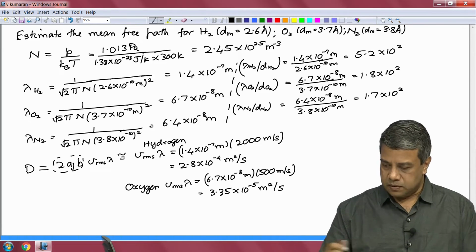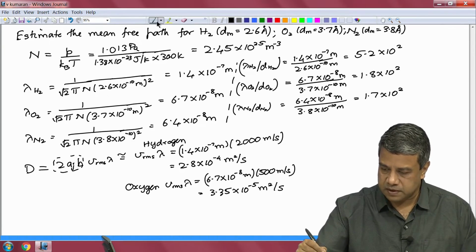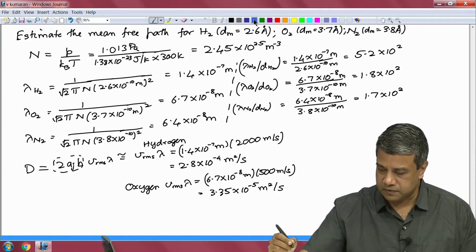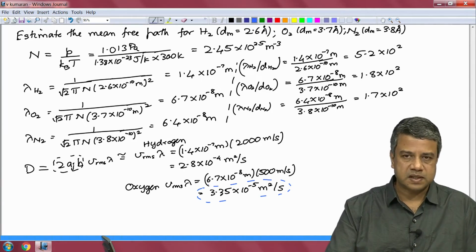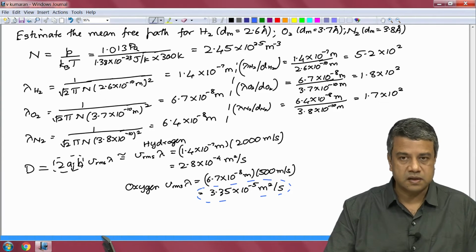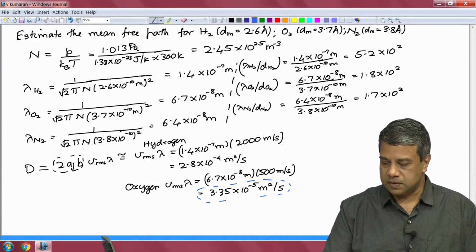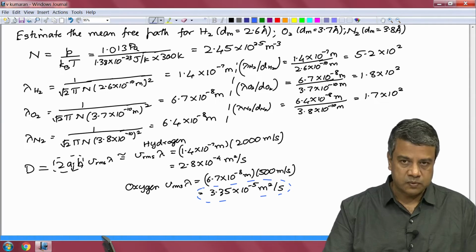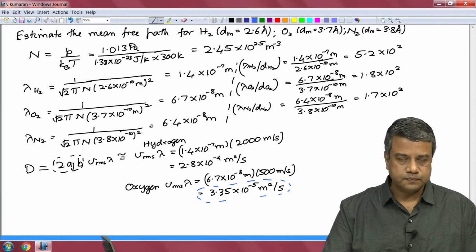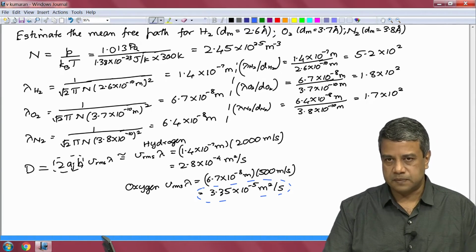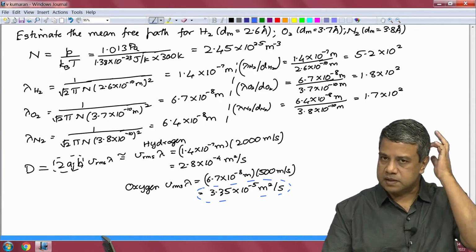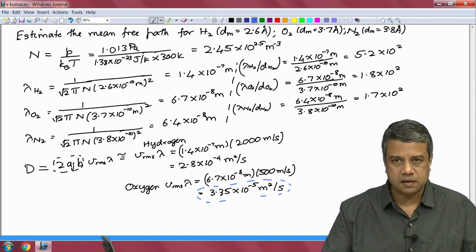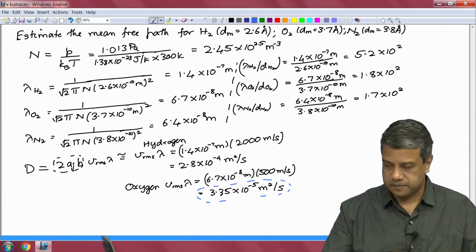So, this is the estimate for the mass diffusion coefficient in gases. It is approximately 10 power minus 5 meters square per second in gases such as nitrogen, oxygen or air. It goes up to 10 power minus 4 in a small molecule gas like hydrogen or helium. So, in all gases these diffusion coefficients will have values that are approximately 10 power minus 5 meters square per second. That is the estimate for gases.